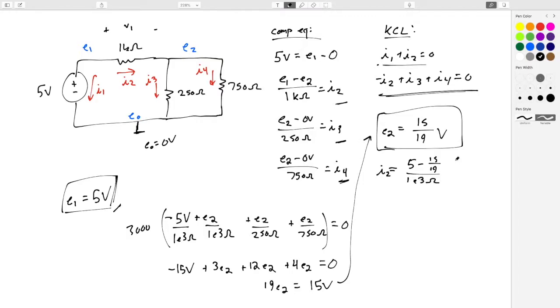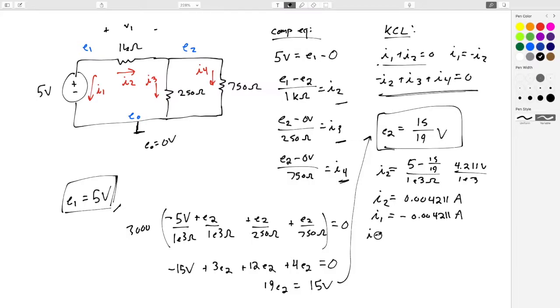That's going to be 4.211 volts. So I2 equals 0.004211 amps. I1 will have to equal the negative of that from up here. So that'll be negative 0.004211 amps.